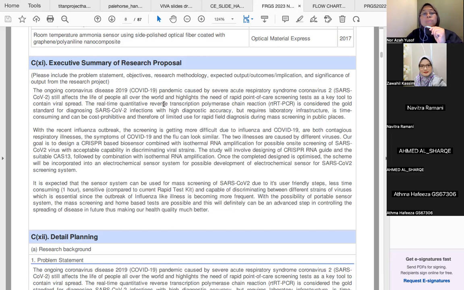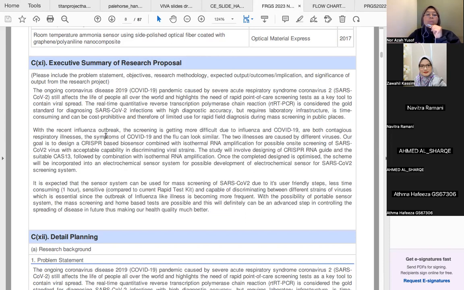The issue is that RT-PCR, which is the gold standard, requires proper lab infrastructure, is time consuming, and the cost is very high, and therefore it has limited use for rapid field diagnosis.